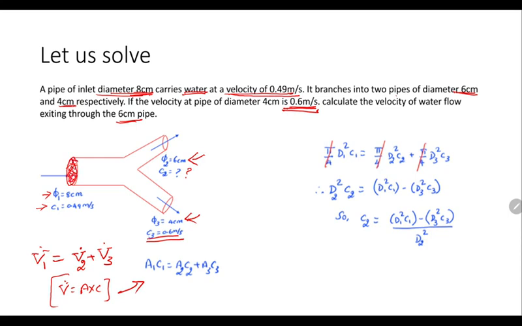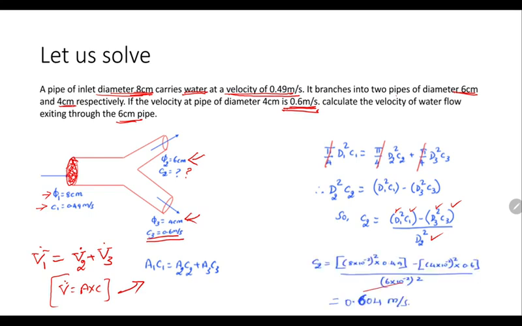The area is pi by 4 d square. So pi by 4 d1 square c1 equals, I've just expanded them. Pi by 4 is a common element, so I've cancelled them out. Rearranging the equation, I get c2 equals d1 square c1 minus d3 square c3, divided by d2 square. All that I have to do now is substitute the values, because we know all these values.